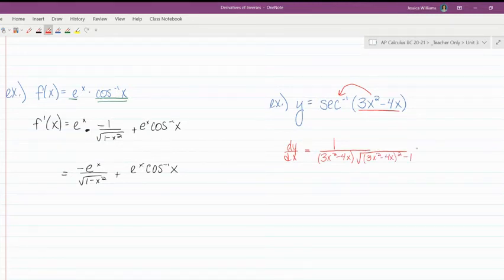And I have to extend this way over. That's your derivative of inverse secant at 3x squared minus 4x. Then you go and take the derivative of the inside. Here's your inside. Those are just really pretty power rules. What I'm going to do is erase this and just throw it on top, because it would be out here to the side, but I think it looks prettier when it's all smushed up together.